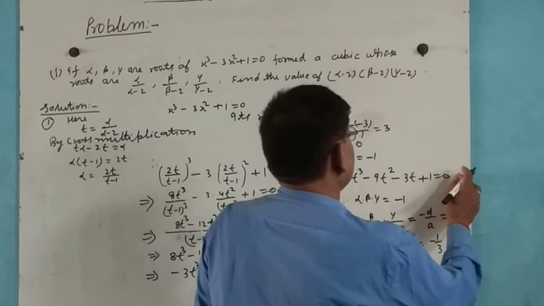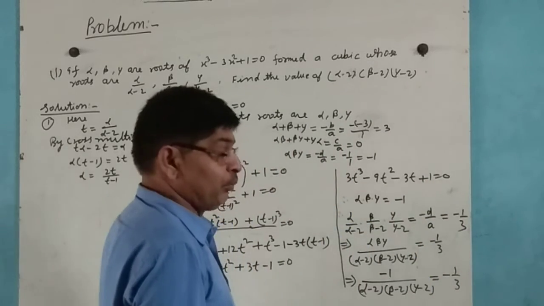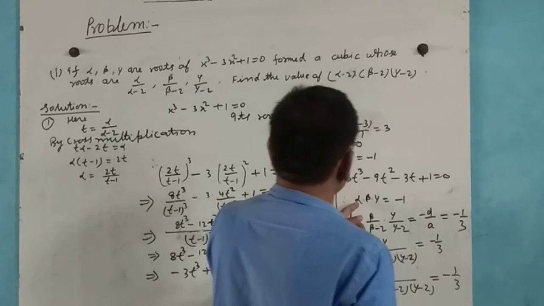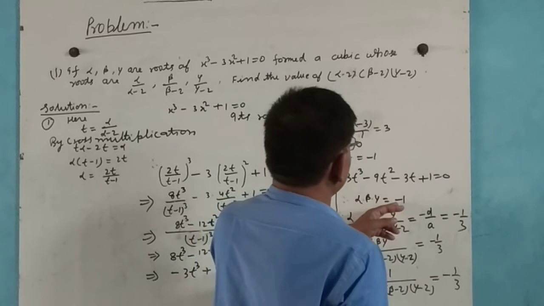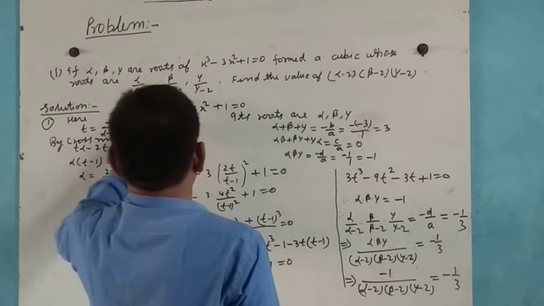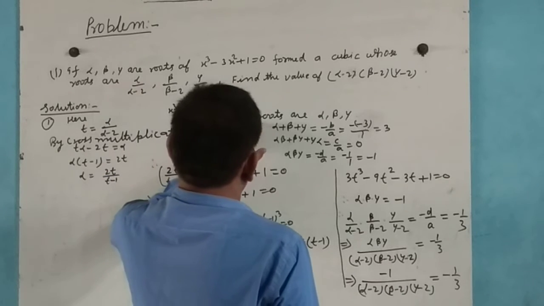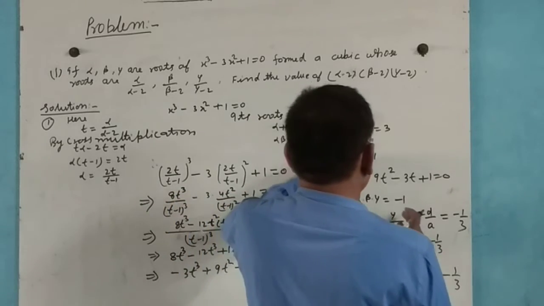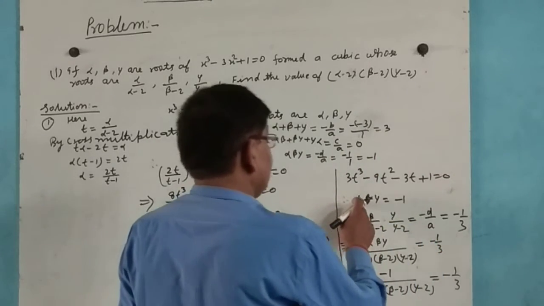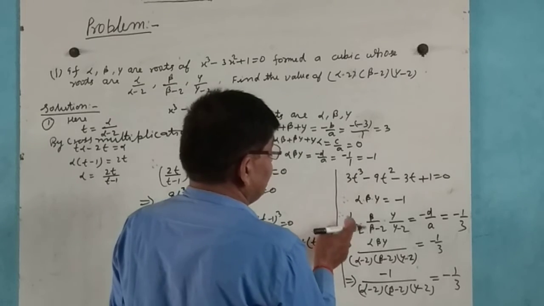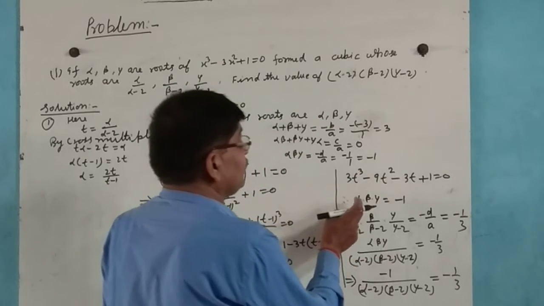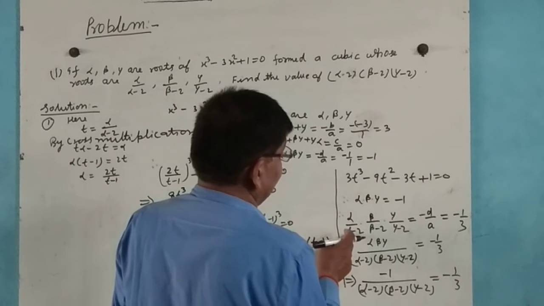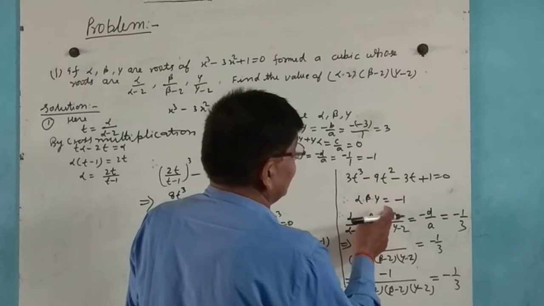This is the required polynomial. The product of the roots alpha, beta, gamma equal to minus 1, as we already calculated. The initial roots are alpha, beta, gamma, but the transposed roots are alpha by alpha minus 2, beta by beta minus 2, gamma by gamma minus 2.